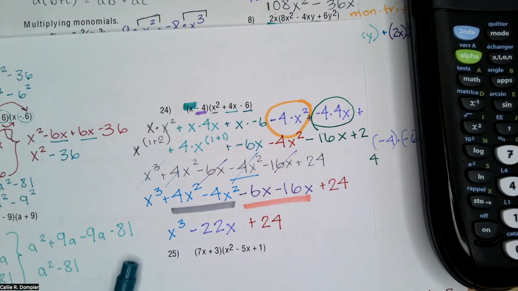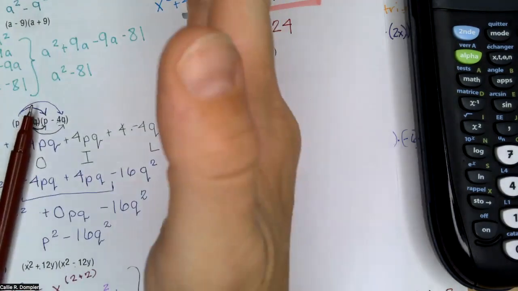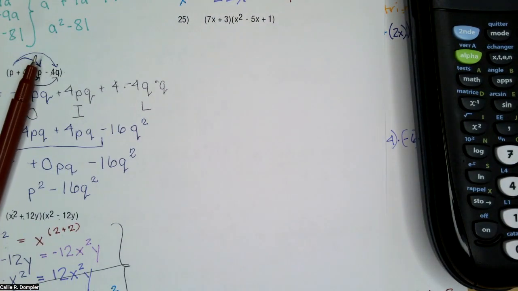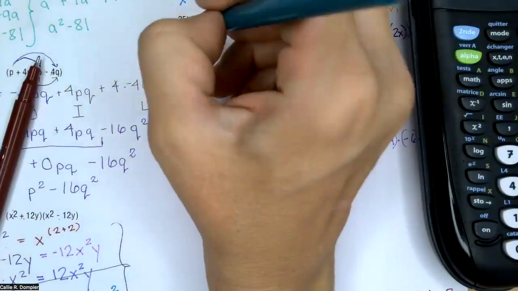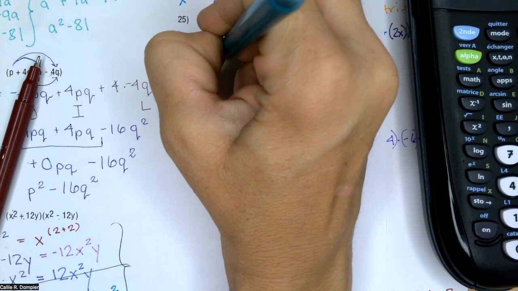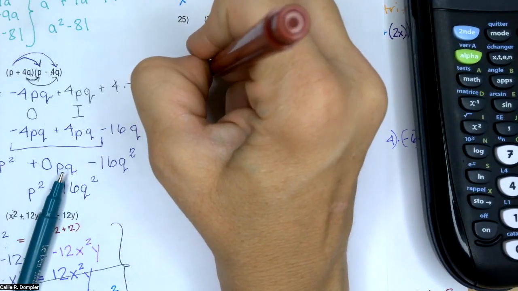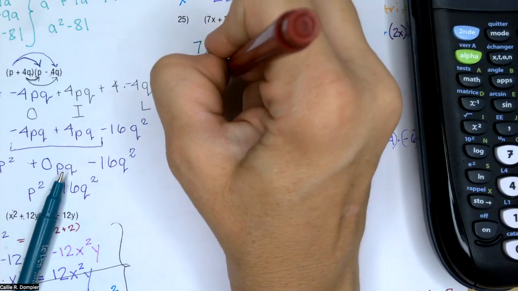All right, guys, last one. Our last one. Should I go down? This way is kind of easier, right? So first we're going to do 7x times x squared. And then we're going to do 7x times negative 5x.